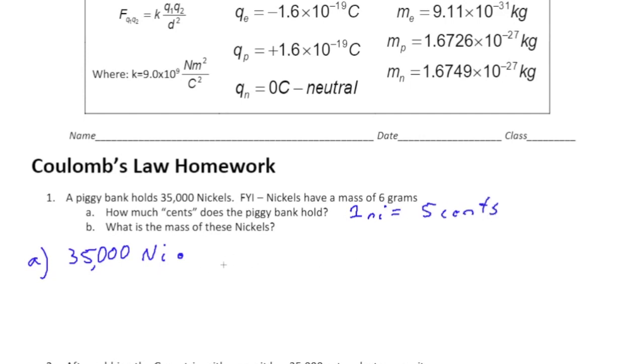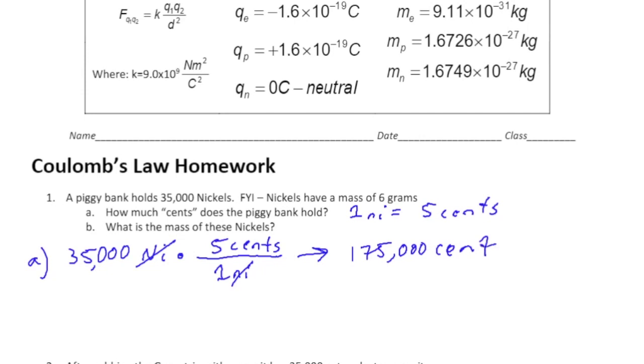So if I set up a conversion or a ratio here, I'm going to have 5 cents on top because every 1 nickel is worth 5 cents. This way, when I multiply through, I have nickels on top here, nickels on the bottom there, they cancel out, and I'm just left with cents. So this would tell me that 35,000 nickels is equal to 175,000 cents.